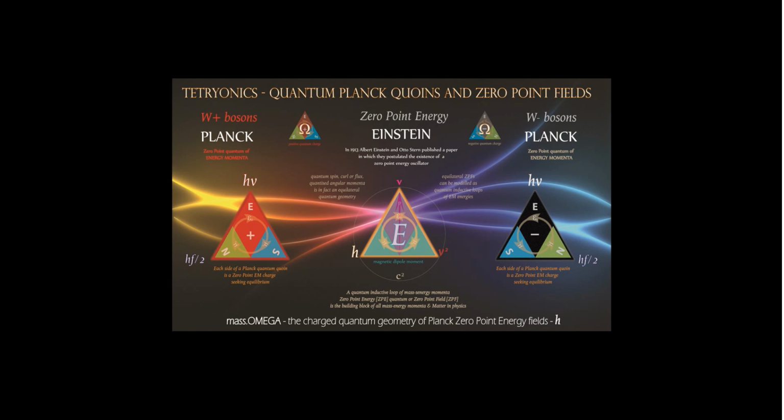We've shown that an equilateral quantum, mass omega, a number of them make up energy, mass omega being Planck's constant, and that each triangle is a W boson, and that two bosons, plus and minus, coming together form a photon with an energy equal to, or proportional to, its frequency. You can have two pluses coming together, by the way, or two negatives. They form electrostatic fields, not electromagnetic.